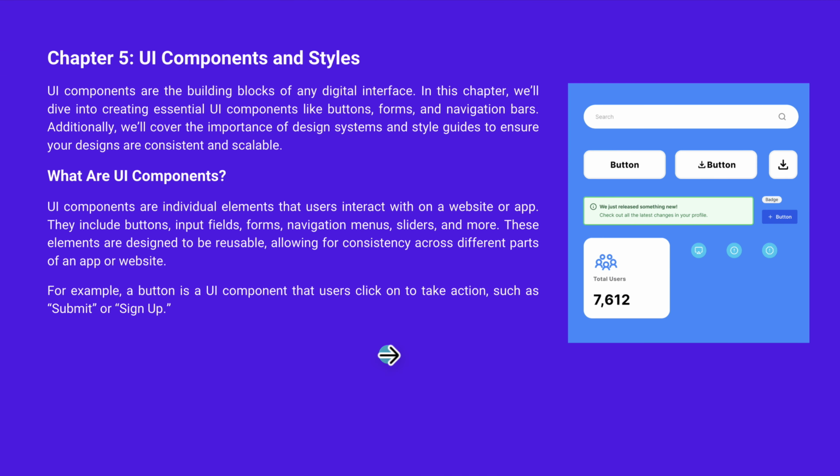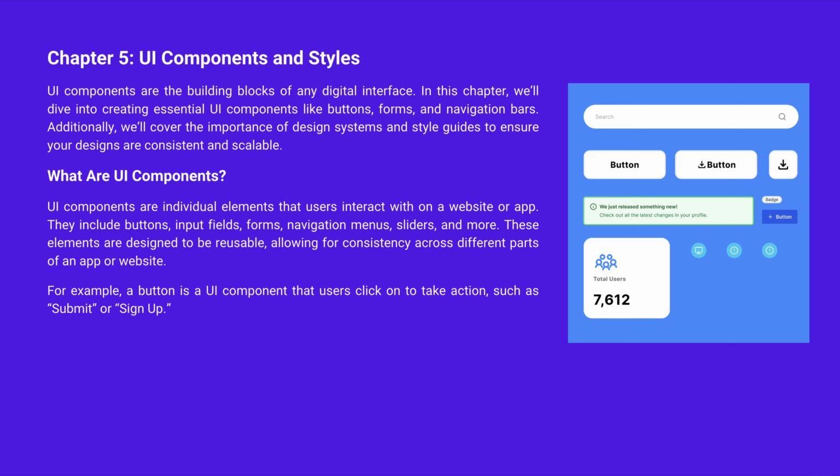In this section, we're going to be looking at UI components and styles. UI components are individual elements that users interact with on a website or an app. They include buttons, input fields, forms, navigation menus, sliders, and more. These elements are designed to be reusable, allowing for consistency across different parts of an app or website.